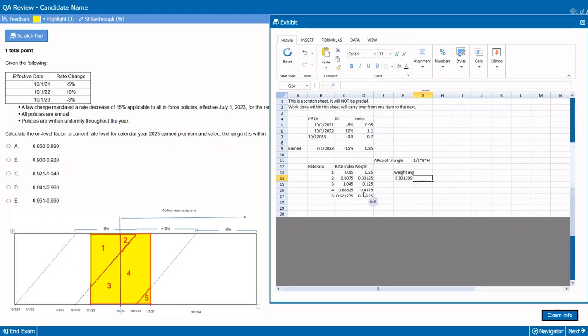So that's the average rate level for calendar year 2023. And then the current rate index is just the product of all of the past rate changes. And then the on-level factor is the current rate index divided by the average rate index for that year.